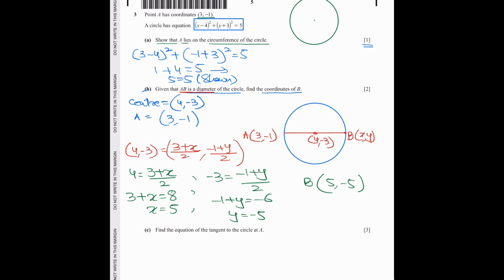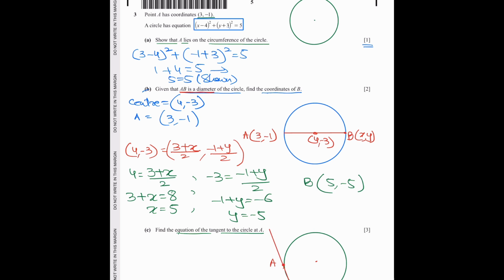Find part C. Find the equation of the tangent to the circle at A. So beta, if this is the circle and this is the center of the circle, this point A is (3, -1). You have to find the equation of the tangent. So tangent means the line that touches the outer part of the circle.